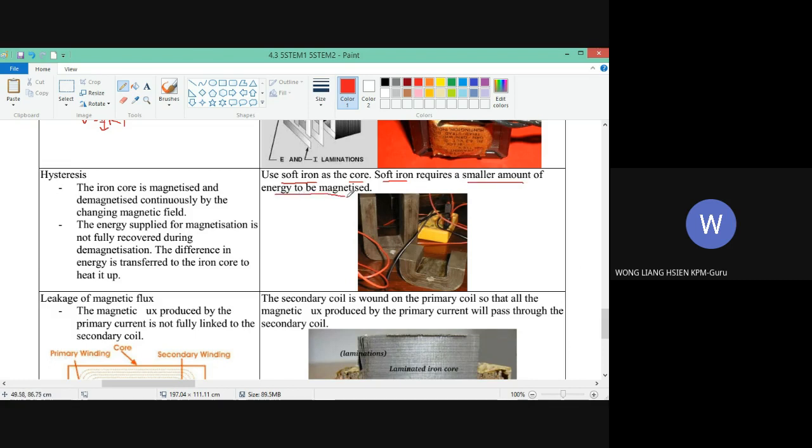That means the amount of energy needed to magnetize and demagnetize is less. Or you can say that soft iron is easier to magnetize and demagnetize. If that is the case, the heat energy from the hysteresis can be reduced. Okay, get the idea.